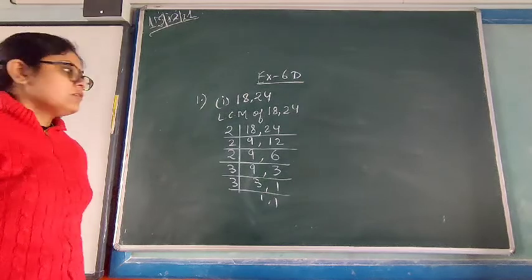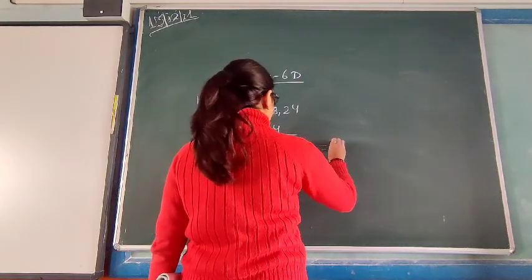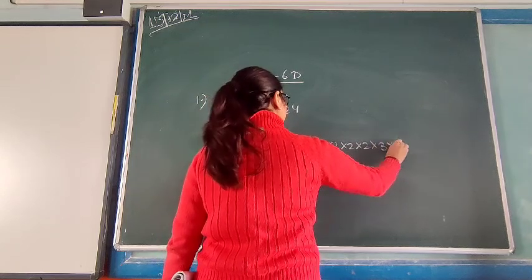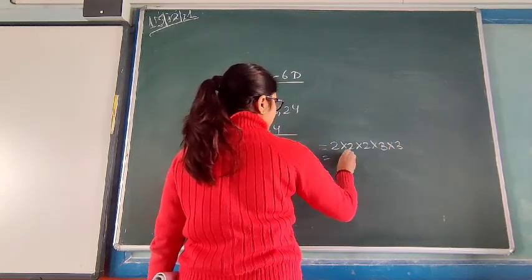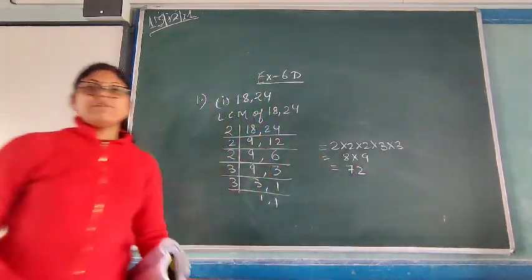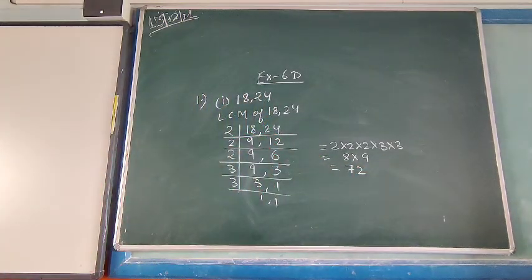So like this we will solve. So LCM will be 2 into 2 into 2 into 3 into 3. Answer will come 72. Do it fast.